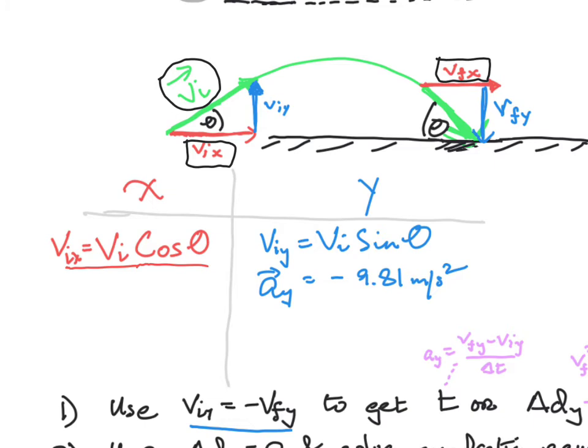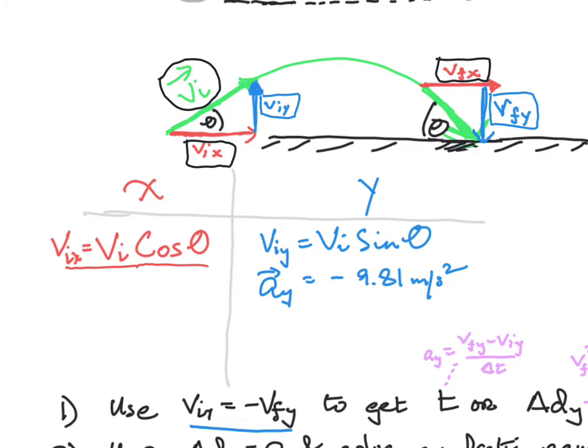If we look at the y direction, we can also see a couple of things, and I'm going to explain why in a second. We can see that Viy is equal to negative Vfy. In other words, those velocity vectors beginning and ending in the vertical are the same magnitude but in the opposite direction. Now, let's have a look at what we know.